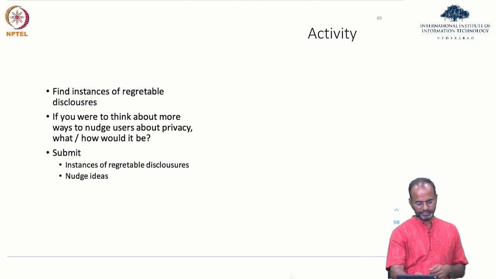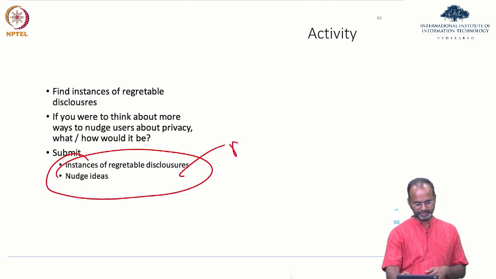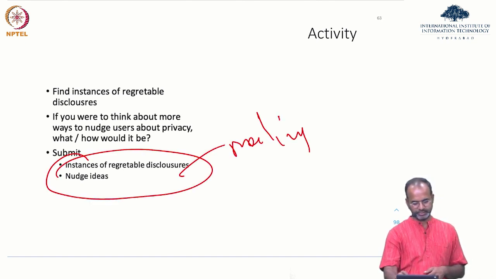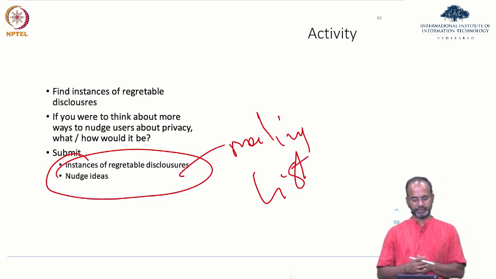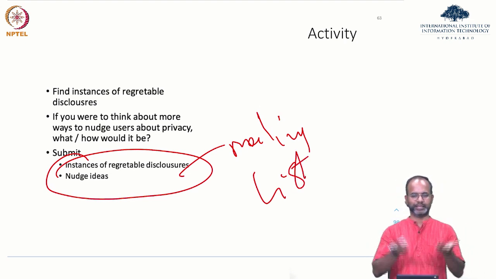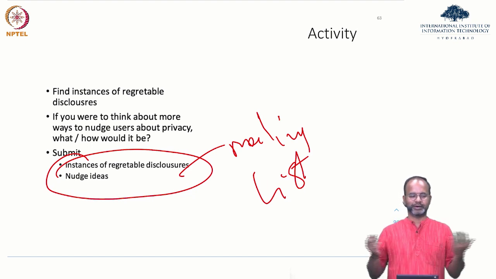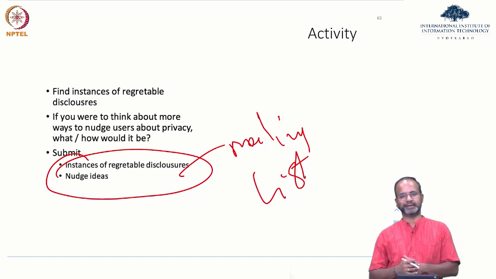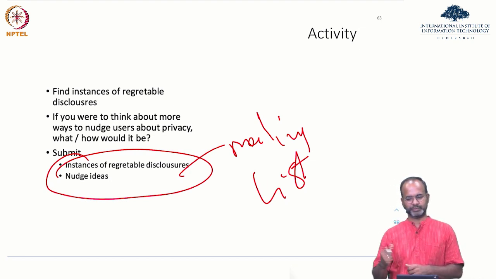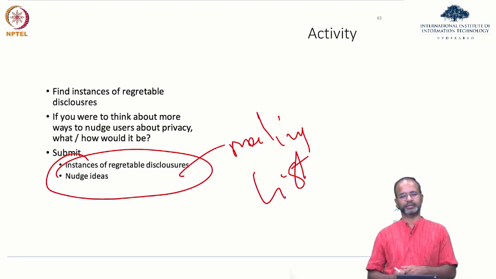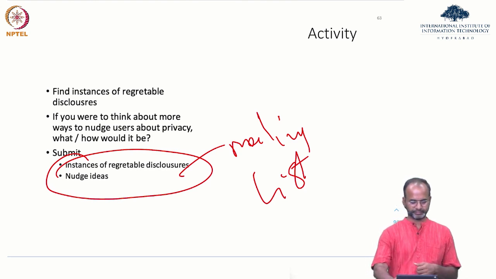What do I want you to submit? Submit it in the mailing list, so to say. Instances of regrettable disclosures that you find. Meaning, like the example that I gave, there are other examples you can find where information posted online has actually come back and burnt some users.